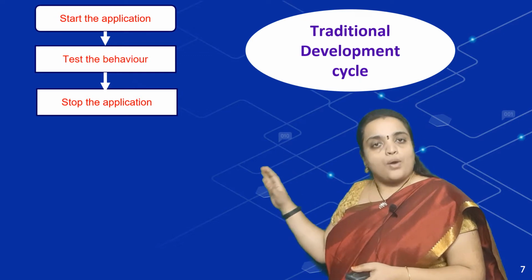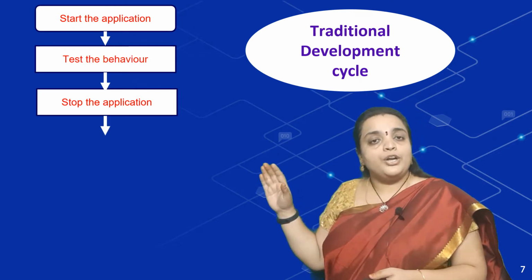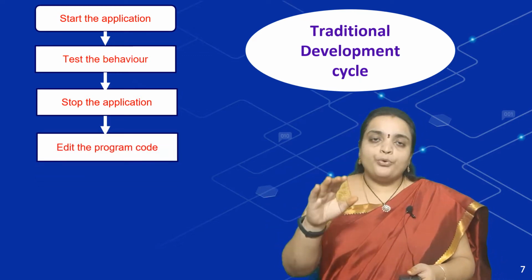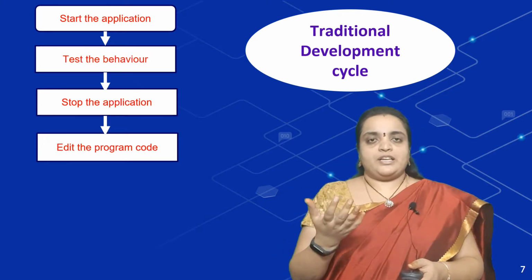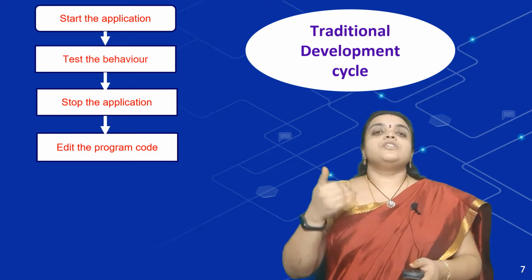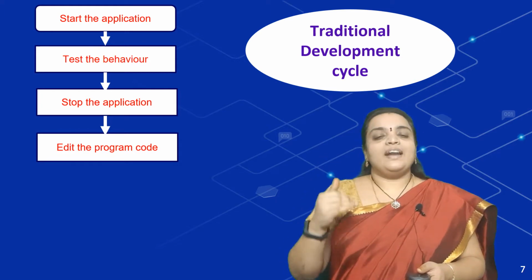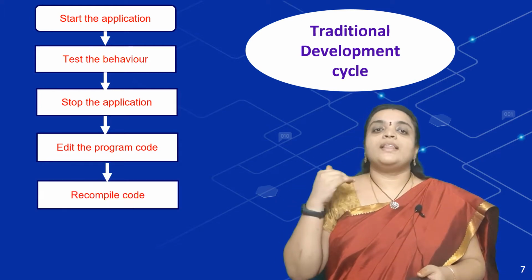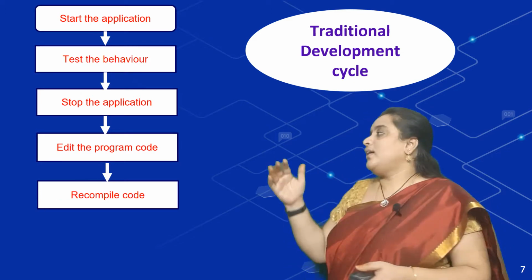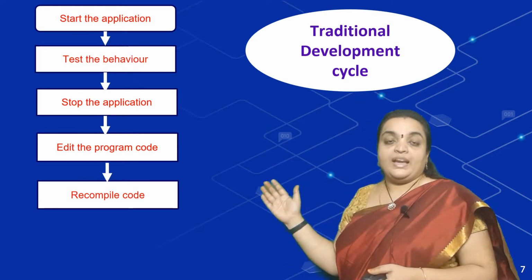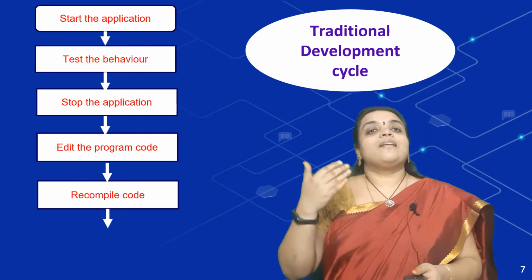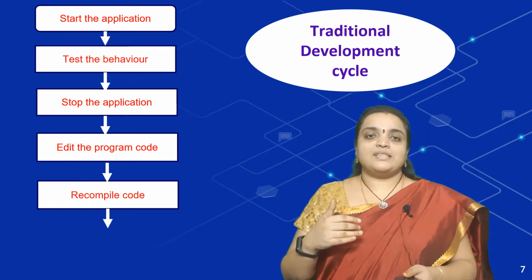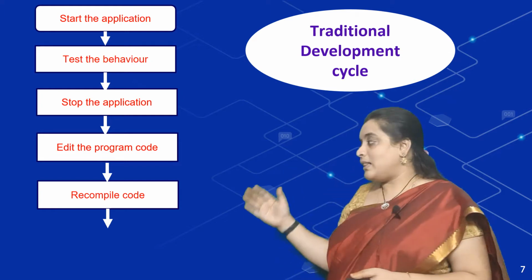Then what will it do? It will edit the program code. If there are no errors, it will display the result. If there are errors, it will stop the application and edit the program code. Then it will recompile the code.